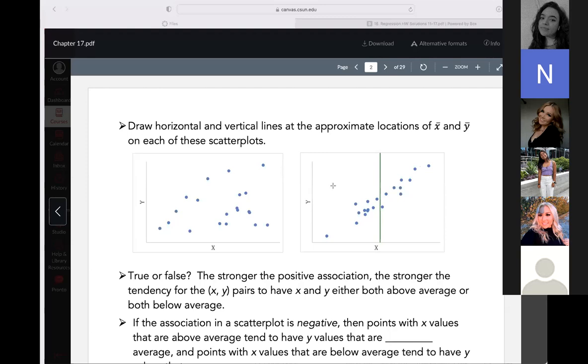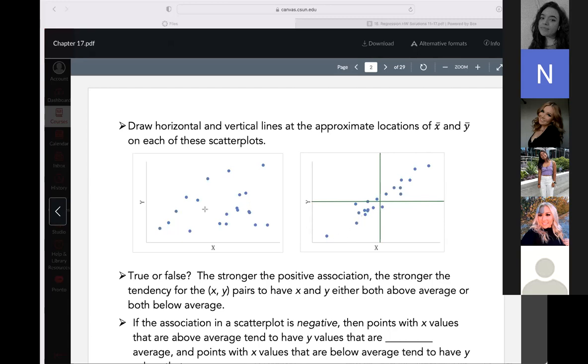In the center again, roughly. Okay, so roughly here. So based upon this, would you say we have positive or negative association? Positive, because the majority of them are above or below.